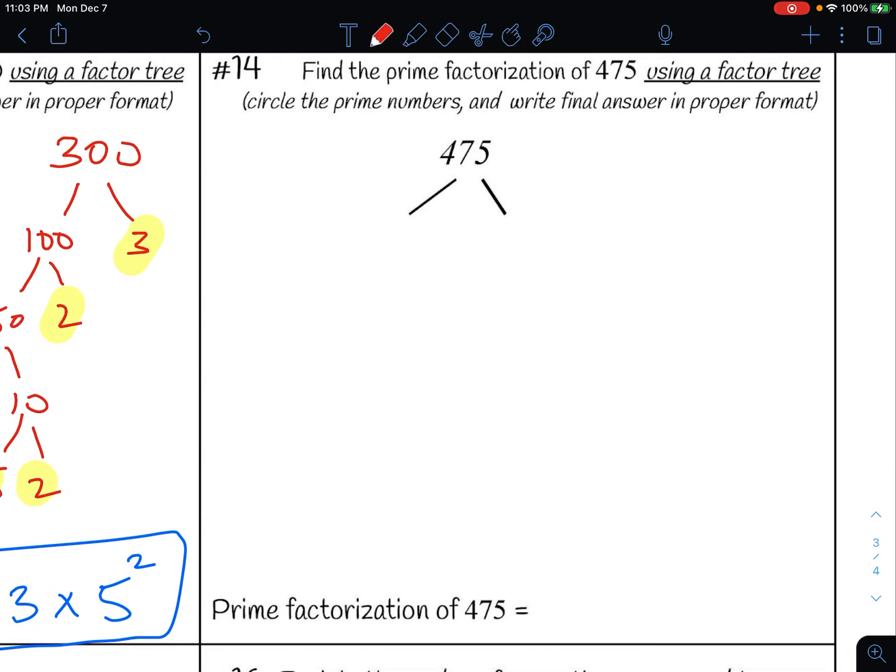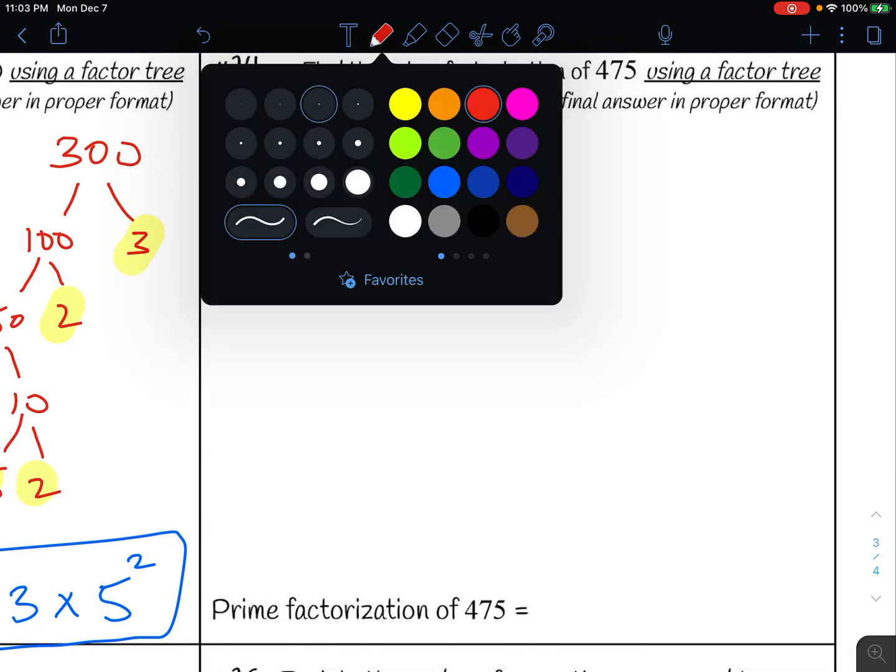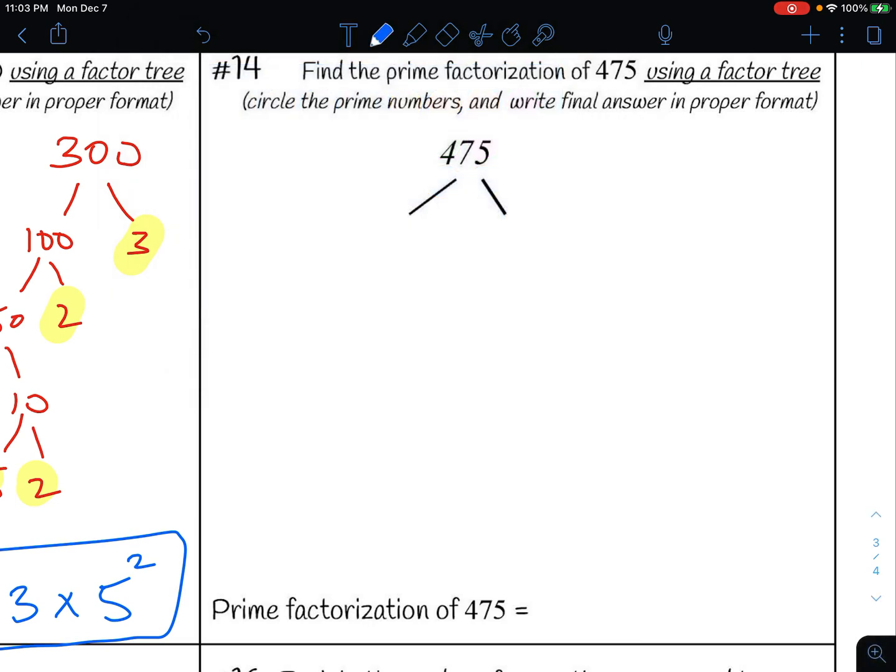So we would have ended up with the same answer either way. Let's go ahead and do number 14. Lots of ways to do it. Let's go back to blue. 475. Well, I think it ends with a 5, so we can divide by 5, but 75, I know that you can divide by 25. I like to think of 25s because I'm thinking of quarters. And 25 times 4 is 100.